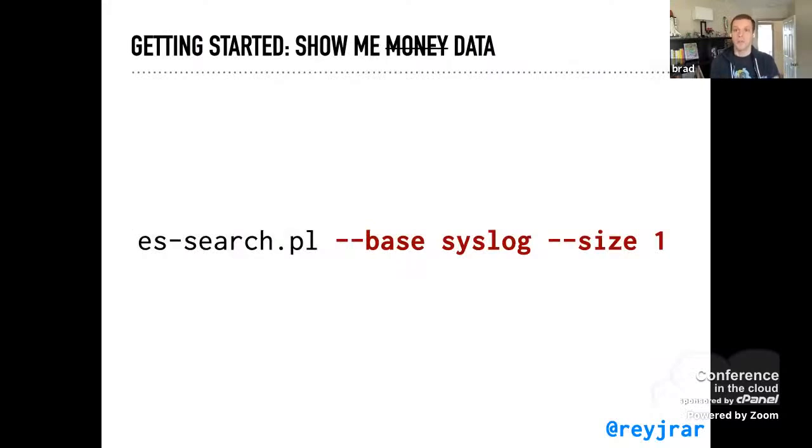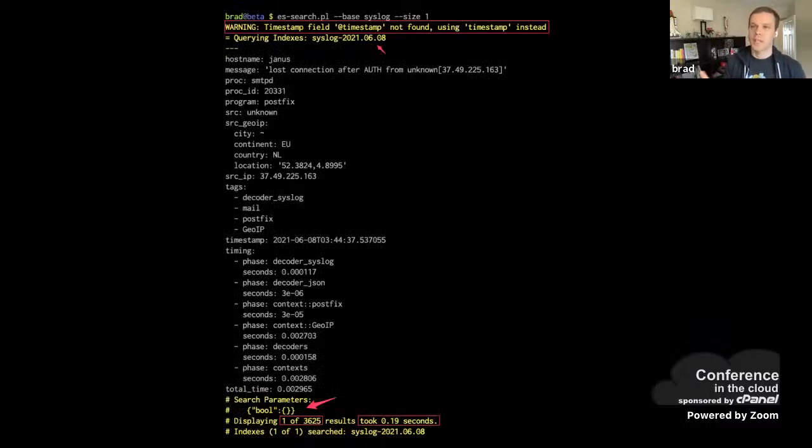So once you know what's in the index, just show me a document, right? I want to see a sample of what's in there. And for space, I'm just using size 1 so that you can see the full output. But here you can see a few things. First off, in the heading, we see a warning: timestamp field @timestamp not found, using timestamp instead. All these searches are based on the timestamp, so it needs to know which field you're sorting on.